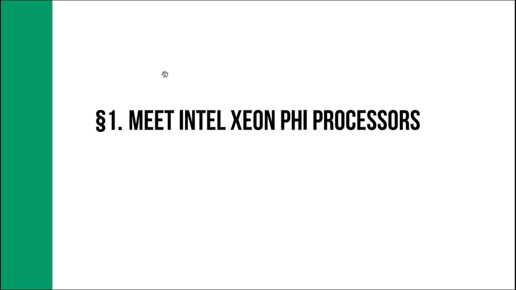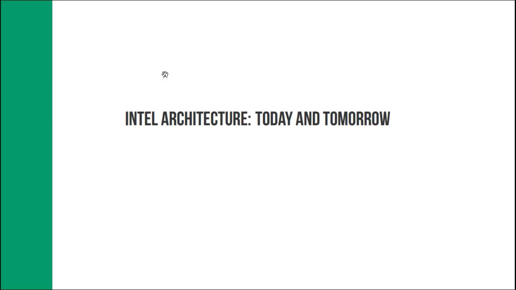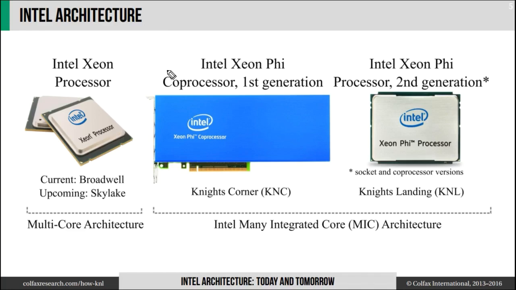Intel makes a variety of processors, and you have probably worked with an Intel Core processor or an Intel Atom or a Pentium in a desktop or in a mobile computer. If you've worked in a data center or in a cluster, you probably were using Intel Xeon processors. These are enterprise-class Intel CPUs.